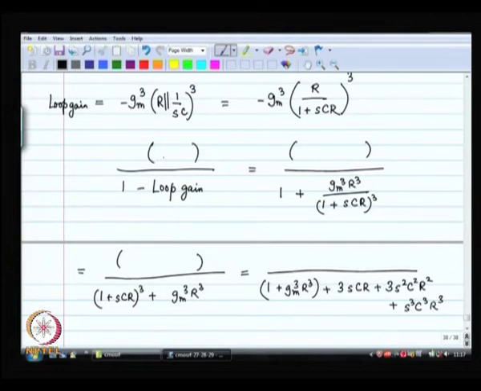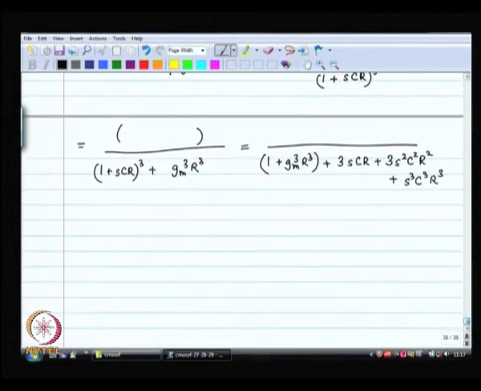Now, it is hard to find out the roots of this cubic equation. It is quite hard to find out the roots, but if you do your analysis, you will find that a pair of roots fall in the right half plane. A pair of complex conjugate roots will be there in the right half plane. So, that is basically the idea of this.